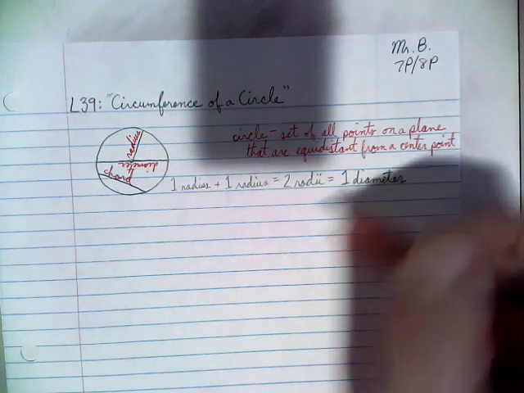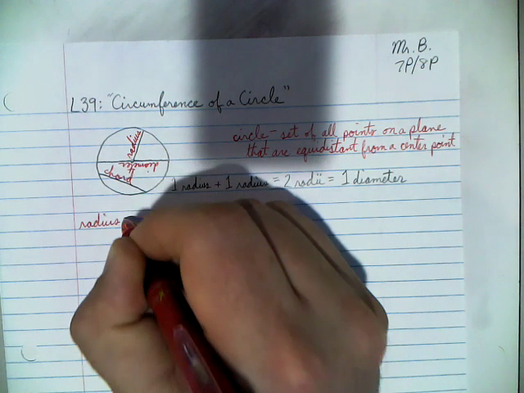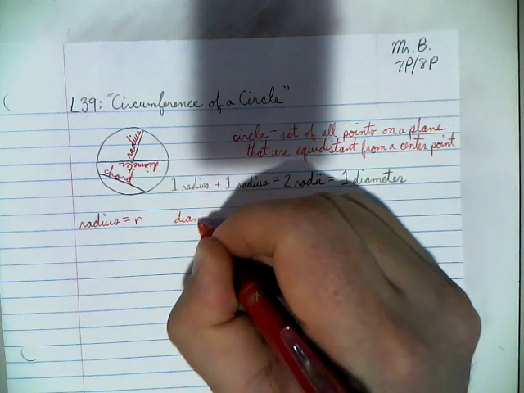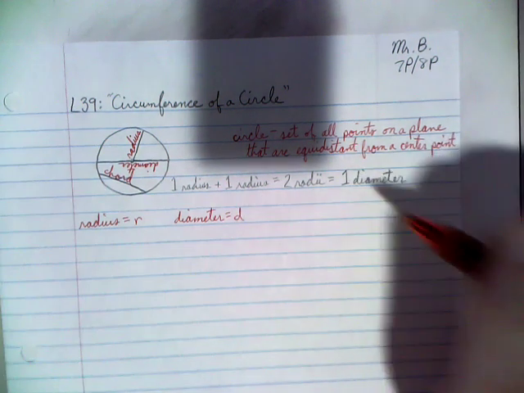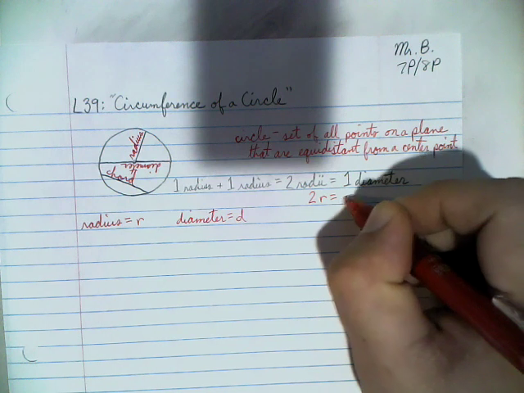Now, symbolically, we often say that the radius is lowercase r. We often say that the diameter is lowercase d. So in this case, we're saying that 2r equals 1d, which is just d.